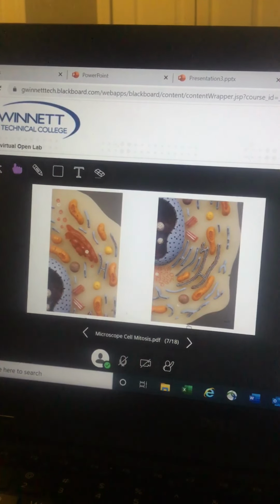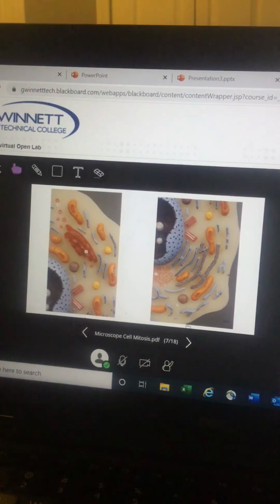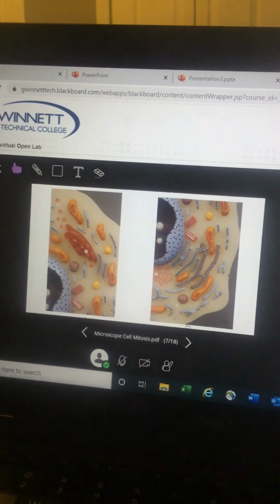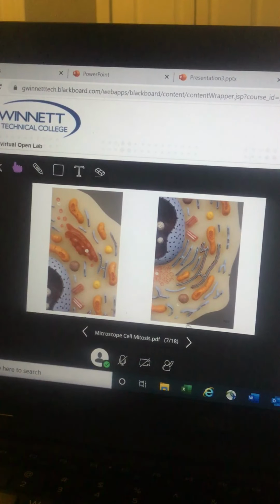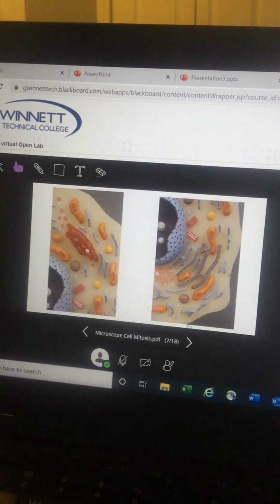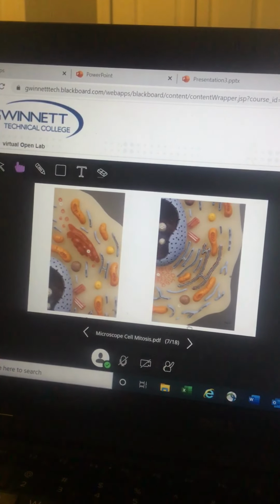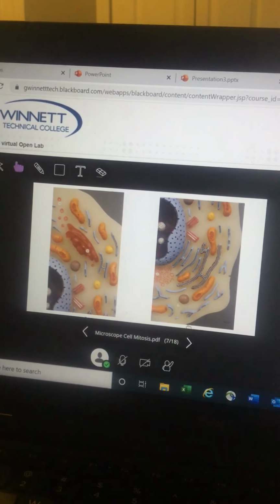Does that make sense? Good. So the cytosol has all those things floating in it. The cytoplasm are those things floating in it.